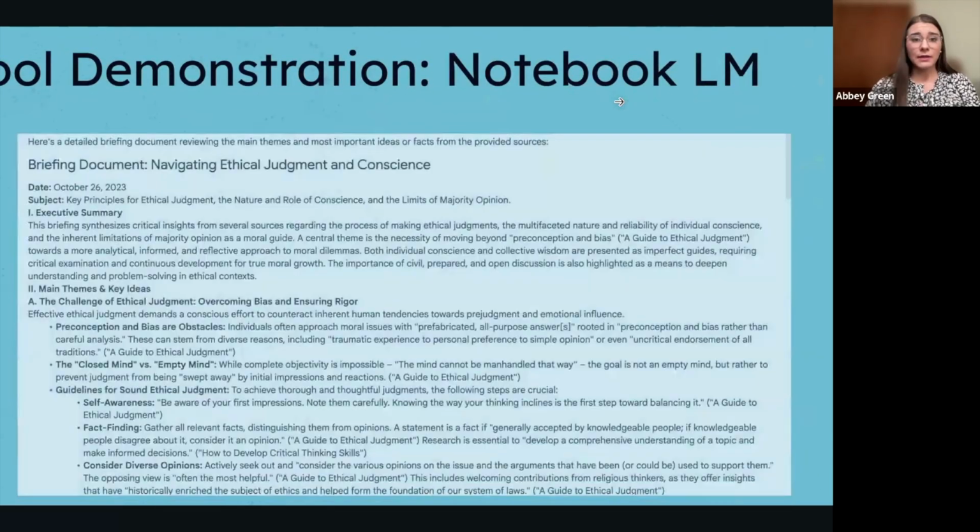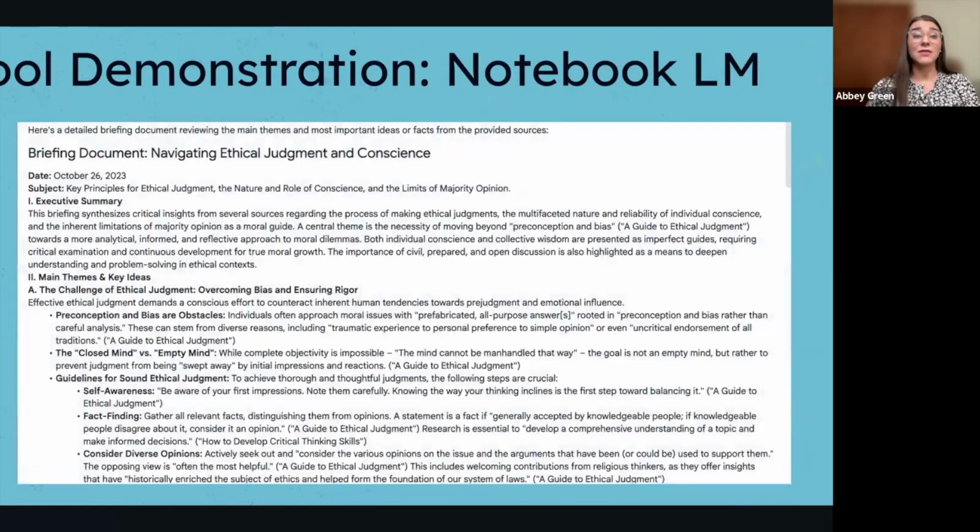The other thing that I really like about this is it can generate a student a briefing document. I don't know why it has the date that it does on here. That's something I'm still wondering about, but it is essentially going to put a high-level summary of all the sources into an outline format. And it's going to make that language a little bit easier to read.